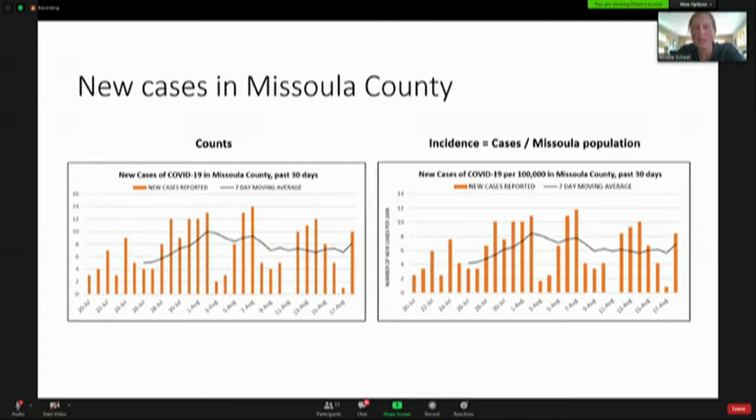In addition, new daily case counts can vary tremendously day to day. And as you can see on that first graph, which shows raw case counts, we see pretty large fluctuations. Our maximum number reported was 14 on August 7th, and then went down to 0 new cases on August 11th.